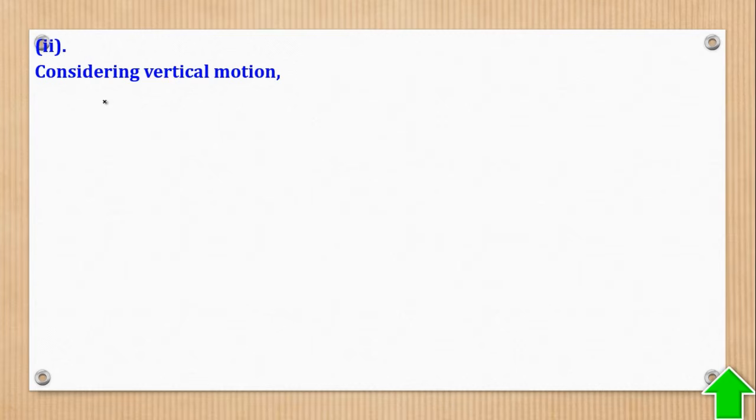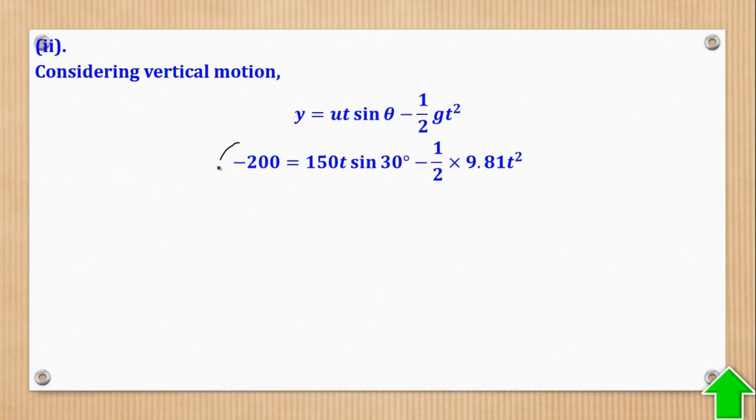That was Roman 1. Roman 2, time taken: we shall consider vertical motion, which gives that formula. Then we substitute. Now we are using negative because the final point is below the point of projection, so negative 200. If you forget the negative, then everything is not okay. Then u is there, theta is there, g is there, so t is the only unknown.